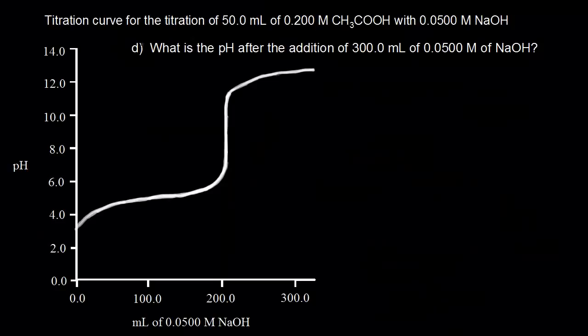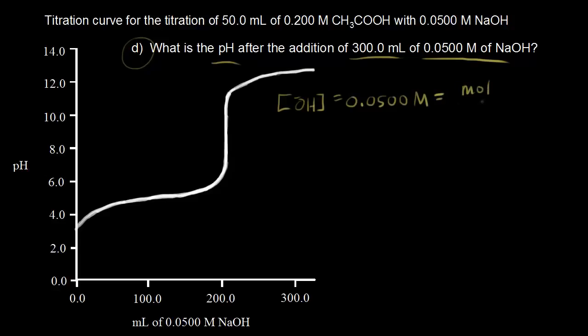Finally, we're on to part D, which asks us what is the pH after the addition of 300 milliliters of a 0.05 molar solution of sodium hydroxide. So once again, we need to find the moles of hydroxide ions that we are adding. 0.05 molar is our concentration of hydroxide ions, and that's equal to moles over liters. 300 milliliters would be 0.3 liters.